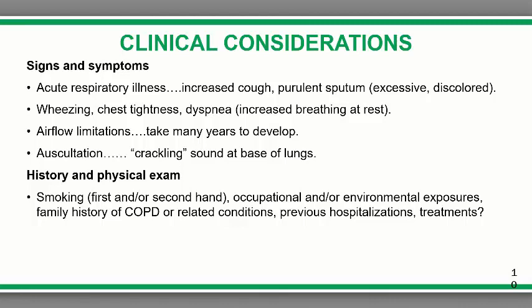Smoke that is generated from occupational or environmental exposure is also going to be an important consideration when taking a patient history, as well as any family history of the disease or related conditions to chronic obstructive pulmonary disease.